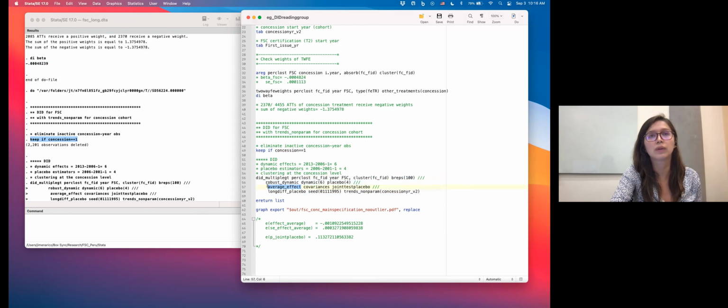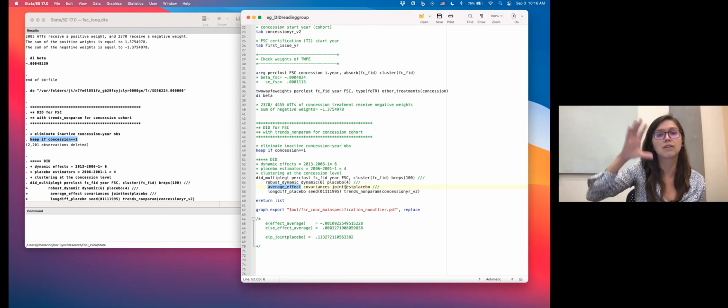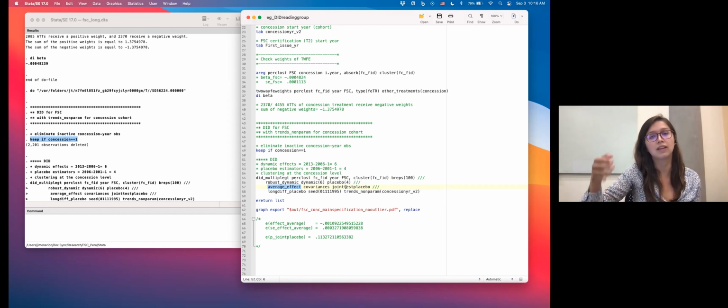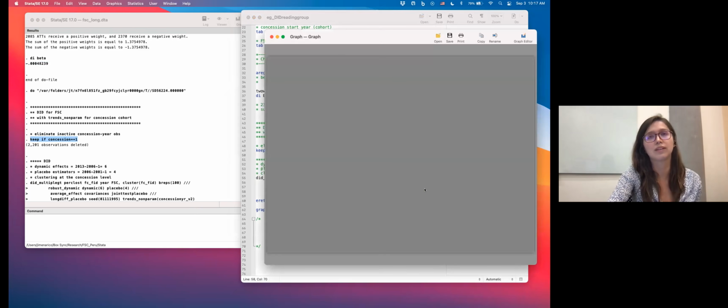Then I also included this average effect option because this will average the dynamic effect and also the instantaneous effect, and this can be comparable to the two-way fixed effect coefficient that we found previously. You need to set seed so that you can replicate this result. And then a key thing is including the non-parametric.